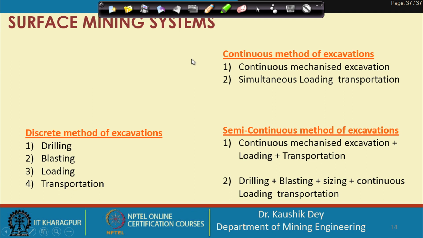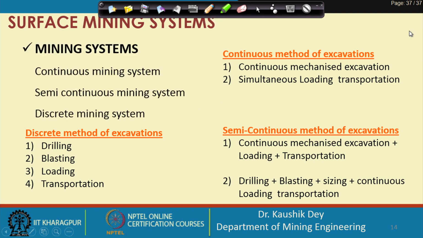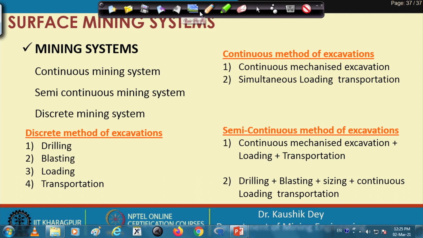Now, let us look into the mining system. Surface mining system is broadly classified in three groups: continuous mining system, semi-continuous mining system and discrete mining system.